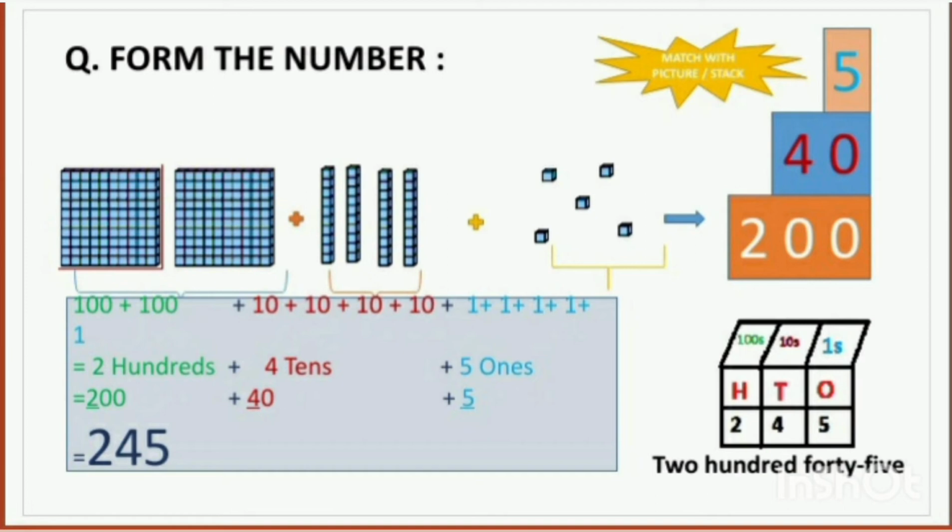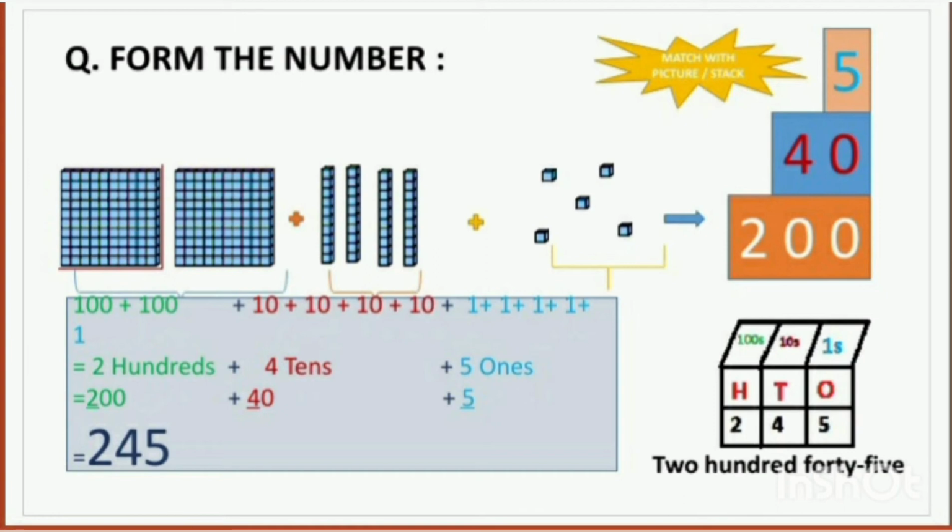Now how many tens do you see? 4 tens. So in tens place you have to write 4. How many hundreds do you see? 2 hundreds, right? So in hundreds place you have to write 2. Fine.